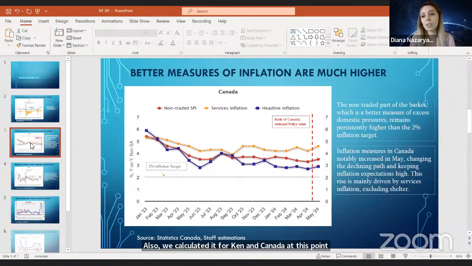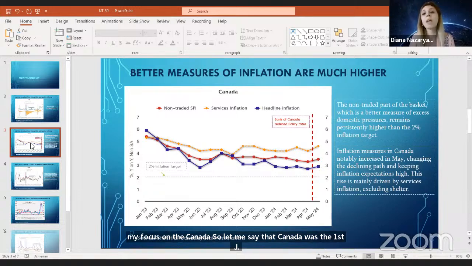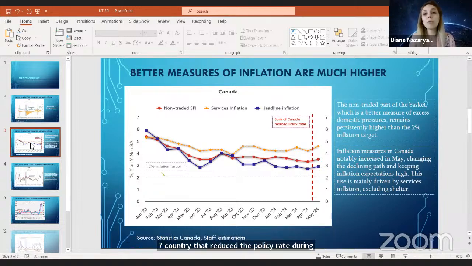Canada was the first G7 country that reduced the policy rate this month. And before the May data was released, they communicated that the main underlying inflation had a declining path during the last month, which was a good sign for their loosening path for monetary policy.